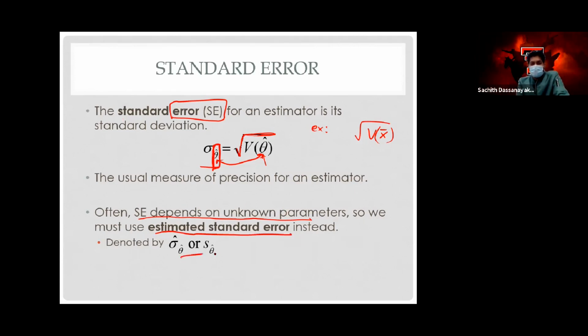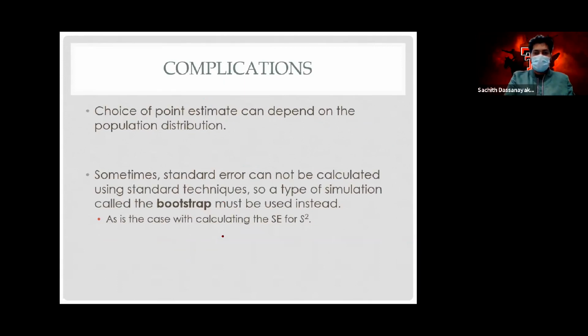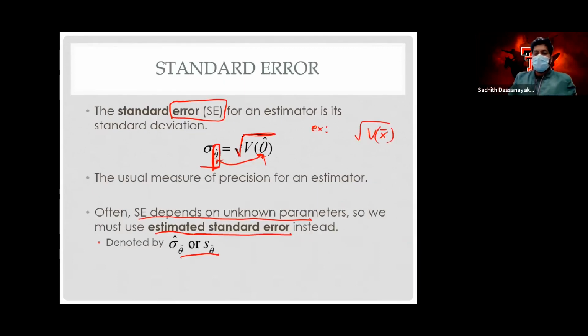I don't think you have to discuss how we do that in this section or in this course. It is a little bit complicated. To avoid those unknown parameters in our estimators, we use the estimated standard error, and we denote it like this.